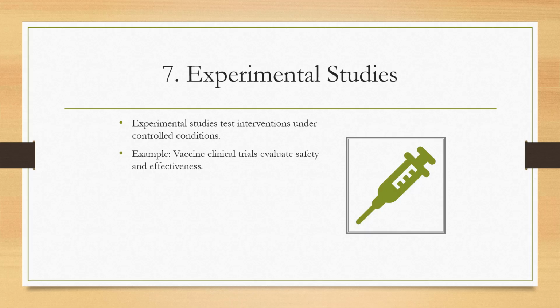Experimental studies test an intervention under controlled conditions, and clinical trials are one of the best examples. COVID-19 vaccine trials involved thousands of volunteers. Some participants received the vaccine while others received a placebo.